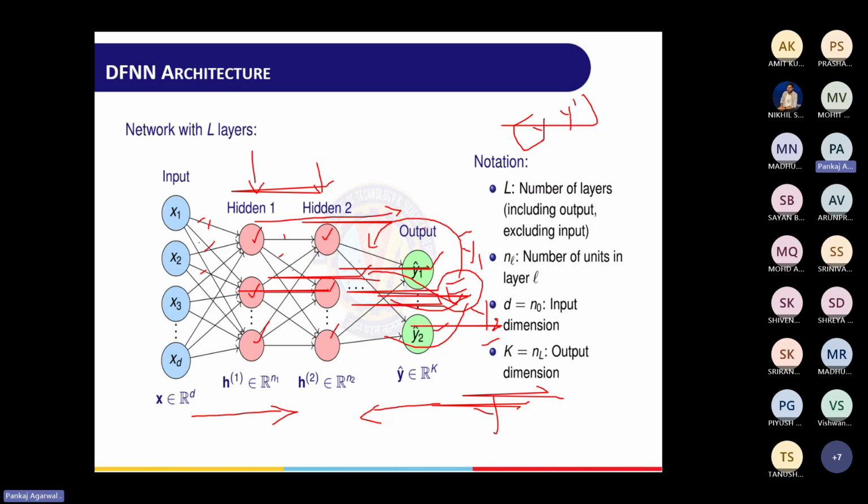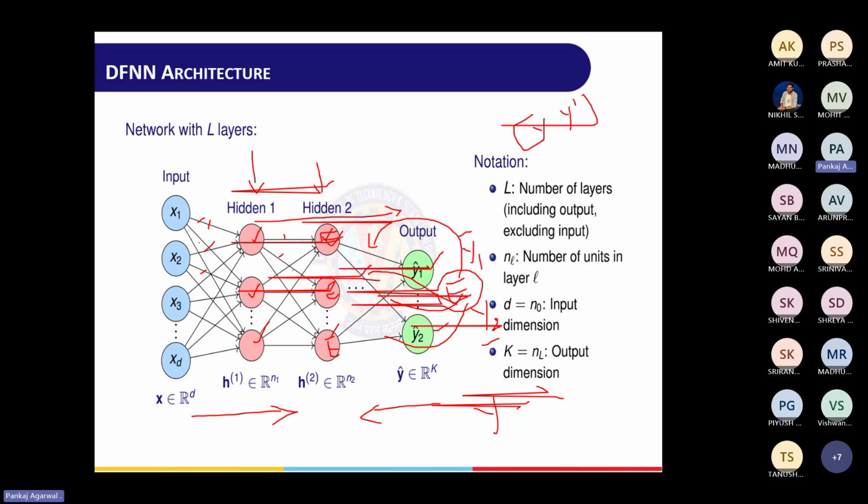So using this error, I have to first update the weights between the hidden two layer and the output. Then I would be calculating the error at the hidden two layers or hidden two neurons. So the entire error got distributed as errors into these hidden layers in a backward direction.